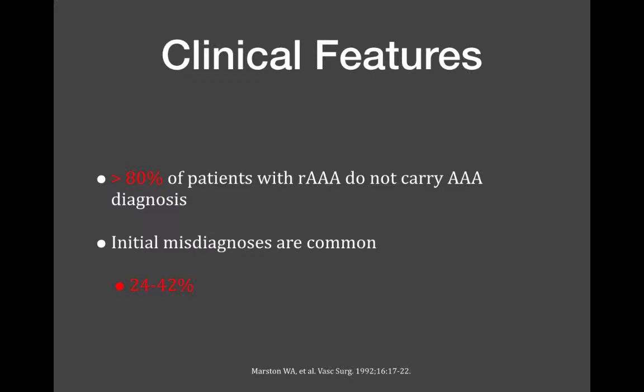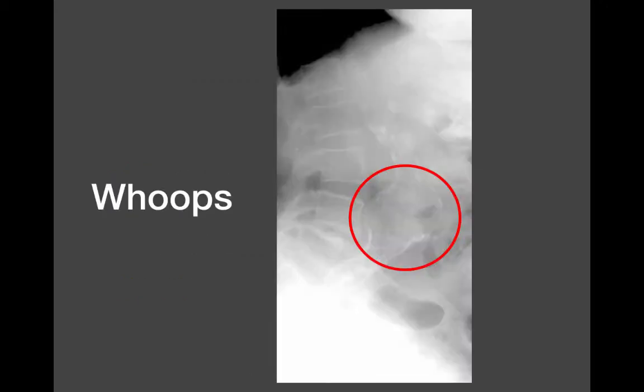It makes this job even harder, trying to pick these needles out of haystacks, and all the folks that we see with abdominal pain and back pain and flank pain, hematuria. We also know that initial misdiagnoses are really common. Over a quarter of patients are misdiagnosed initially.